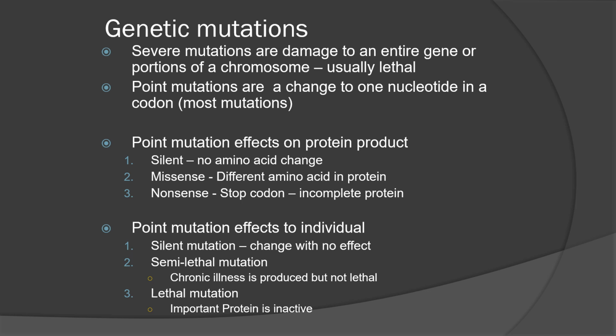Now, we've talked throughout the course about mutations. We talked about genetic mutations, things like sickle cell anemia and PKU and cystic fibrosis. And a genetic mutation, technically, is something that changes the DNA of that gene.